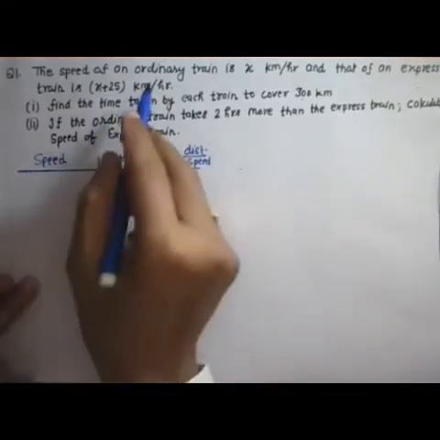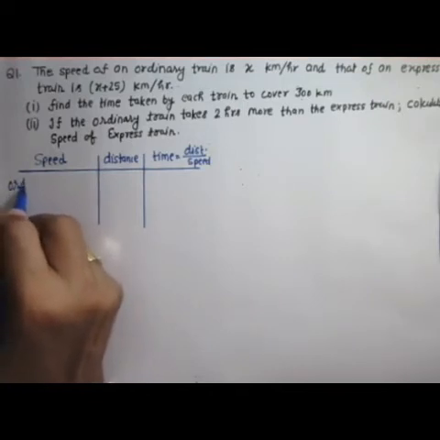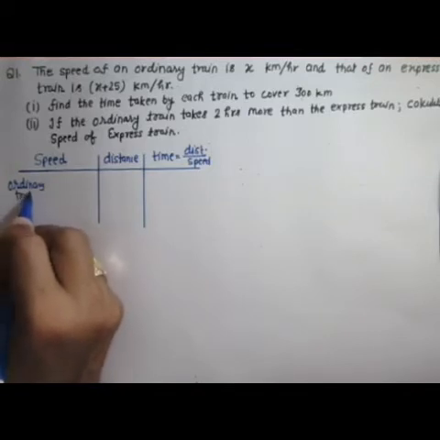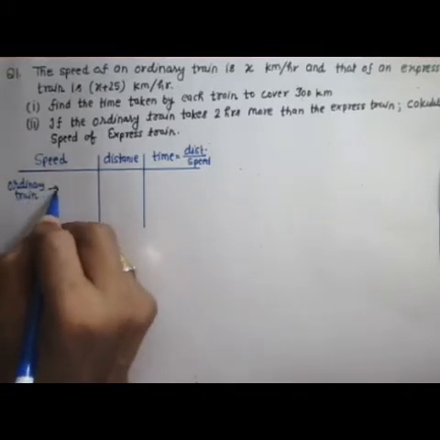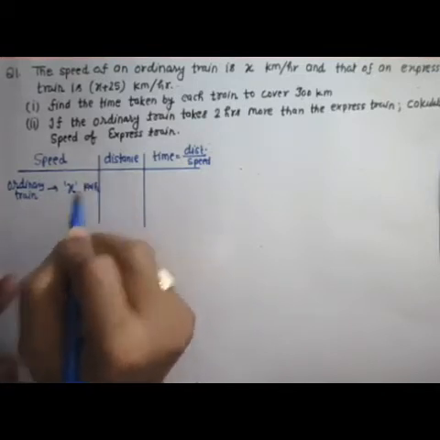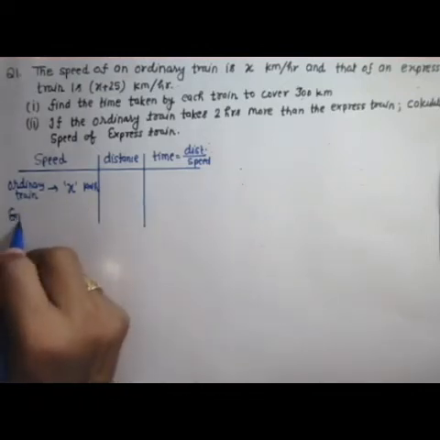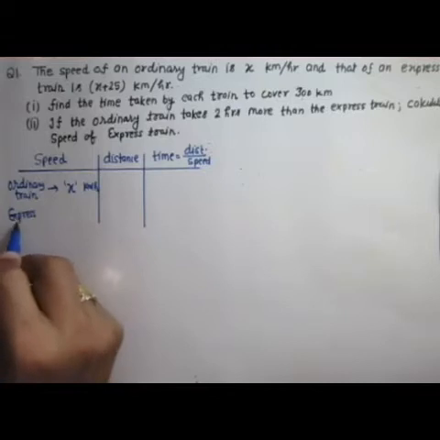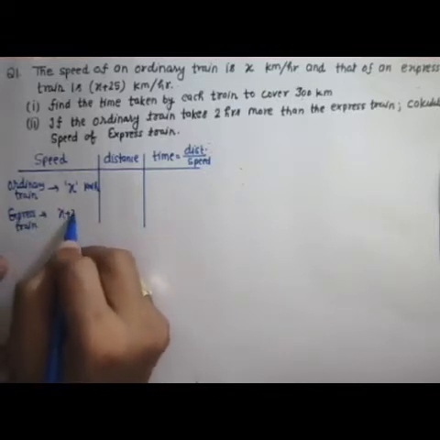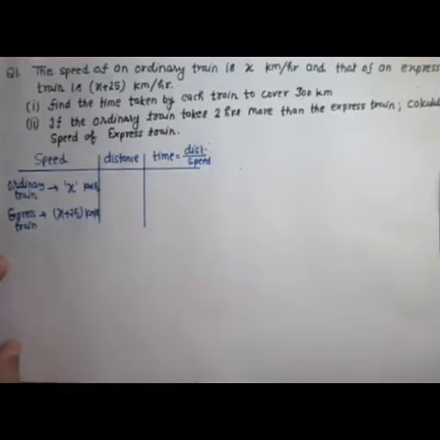Now, speed of the ordinary train. Its value is given as x and the unit is kilometer per hour. Now the express train, and its speed is given as x plus 25 and the unit is kilometer per hour.